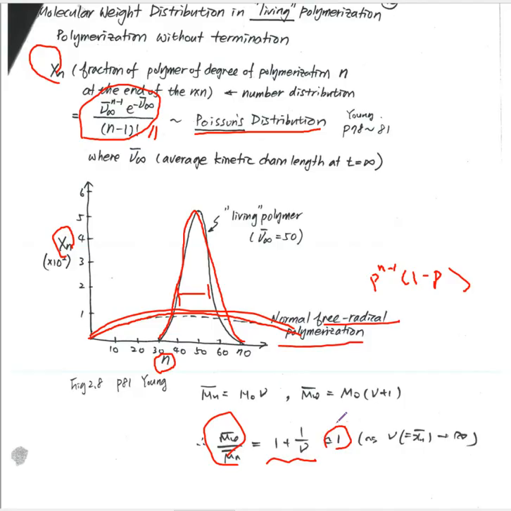The detailed mechanism study has not been done, and the major characteristic of anionic polymerization is that it can generate almost monodisperse polymers, and you can easily calculate the average degree of polymerization if you have information about the initial monomer concentration and also the initiator concentration.